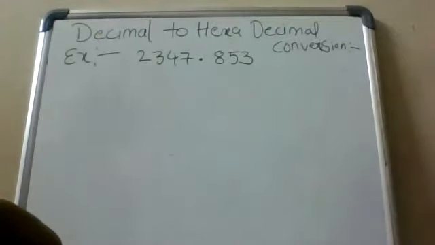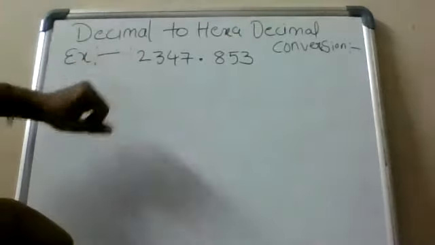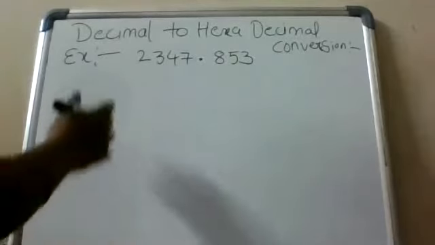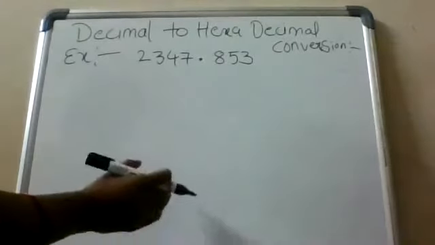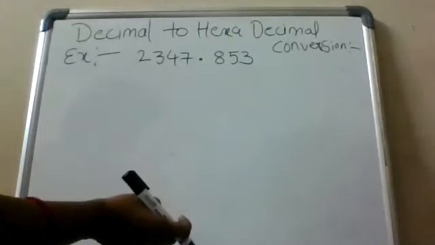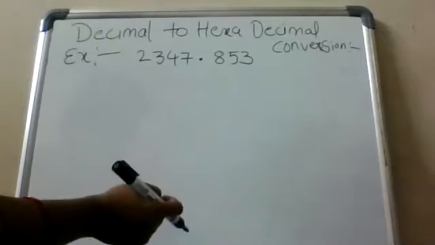In decimal to hexadecimal conversion, divide the given number by 16, and in every division we should write the remainder values. After that, write the remainder values from bottom to top.